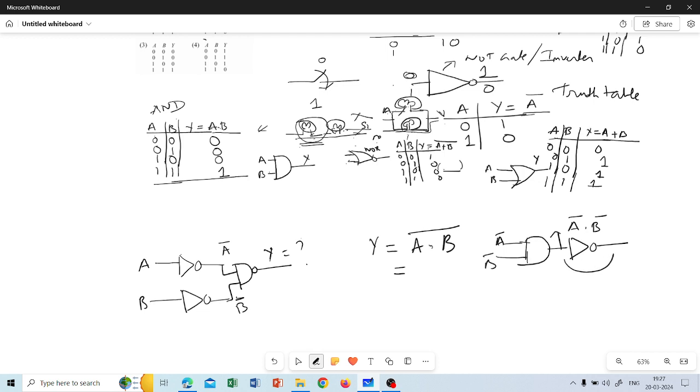Now you have to take whatever there is here, and this will become complemented after passing through a NOT gate. So I can write this as A bar dot B bar, again whole complement. This seems a very complicated expression. So let us assume that we don't know any Boolean laws, and go to the options to check what they are.